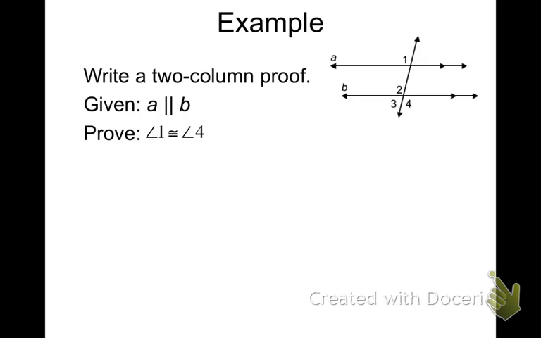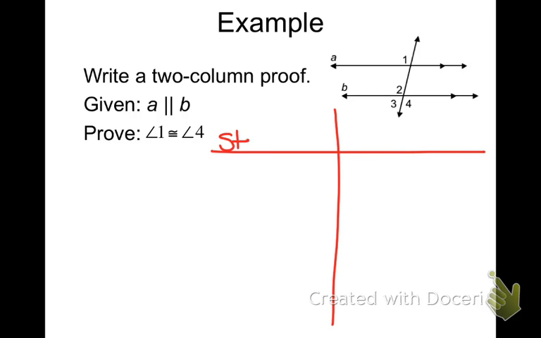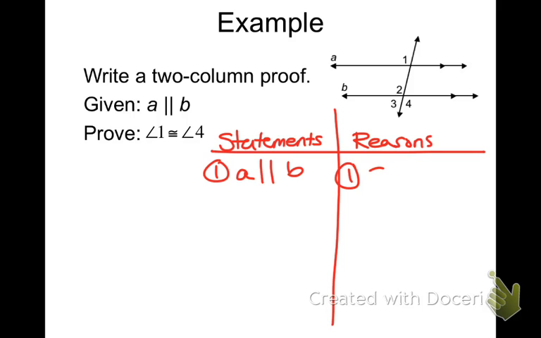Well, they are congruent because of the alternate exterior angles theorem, but we're going to prove why the alternate exterior angles theorem works. So set up your T-chart. Statements on the left. Reasons on the right. And then the given. So we are given that line A is parallel to B.